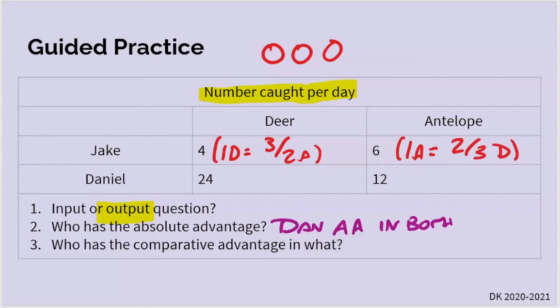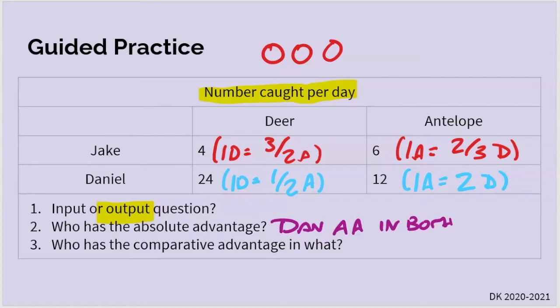Now for Daniel. For one deer, what is he giving up? Antelope. The opportunity cost is 12 over 24, which is 1/2. And this means for every one antelope, Daniel is giving up 2 deer. Remember, whenever trying to find the comparative advantage, it's whoever has the lower per unit opportunity cost.